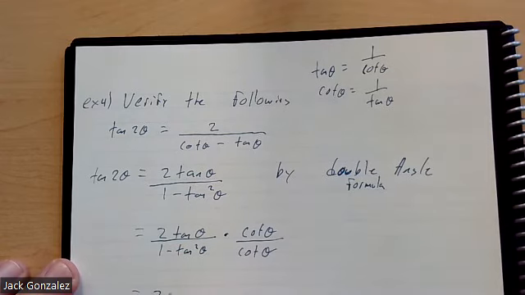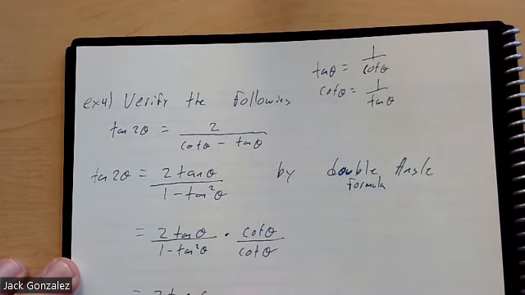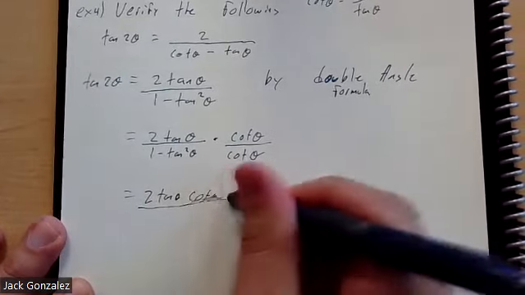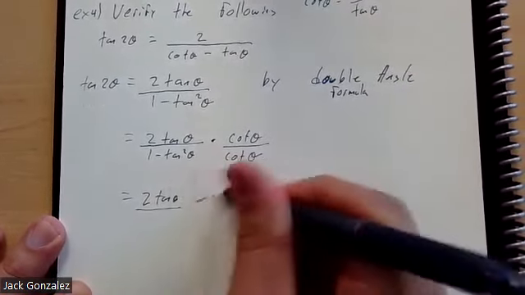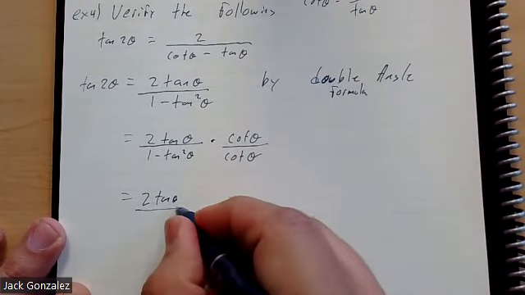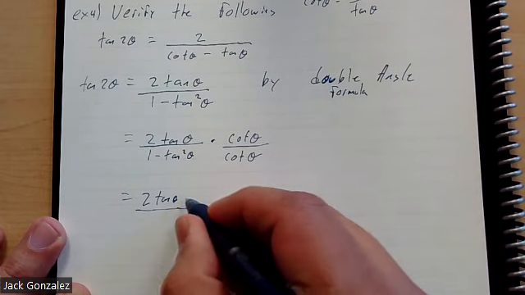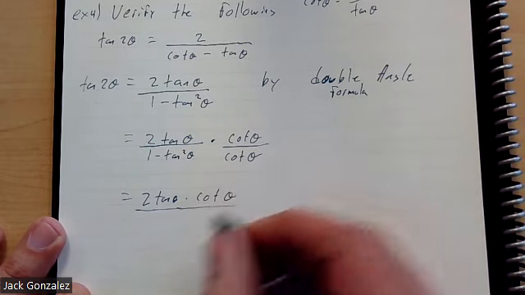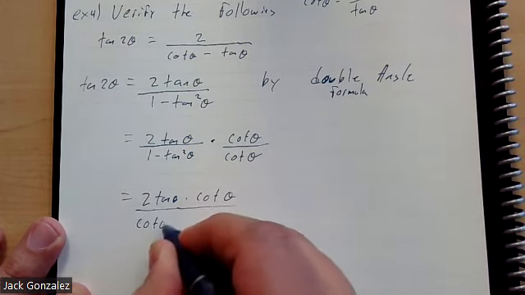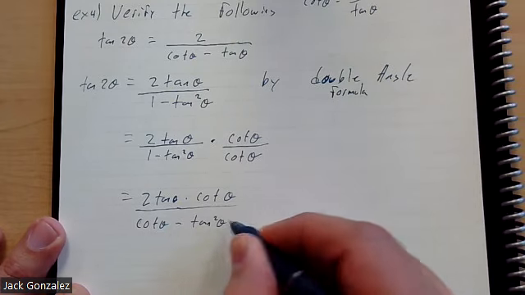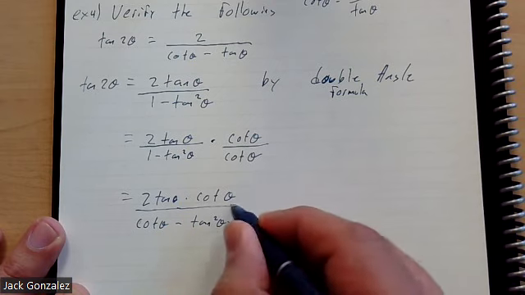So you're going to get 2 tan cotan over, distribute that cotan, cotangent minus tangent squared theta times cotangent theta.